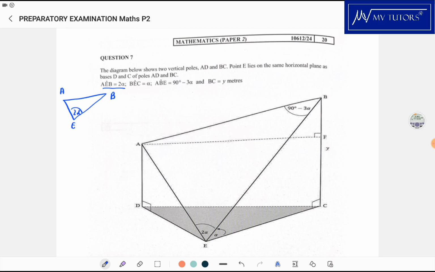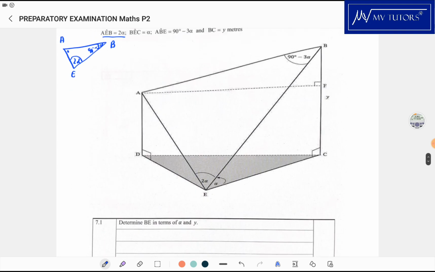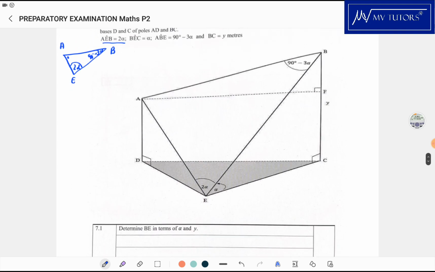And we know that B is 90 minus 3 alpha. We can get what A is if needed, but we are looking for BE. So there is BE.